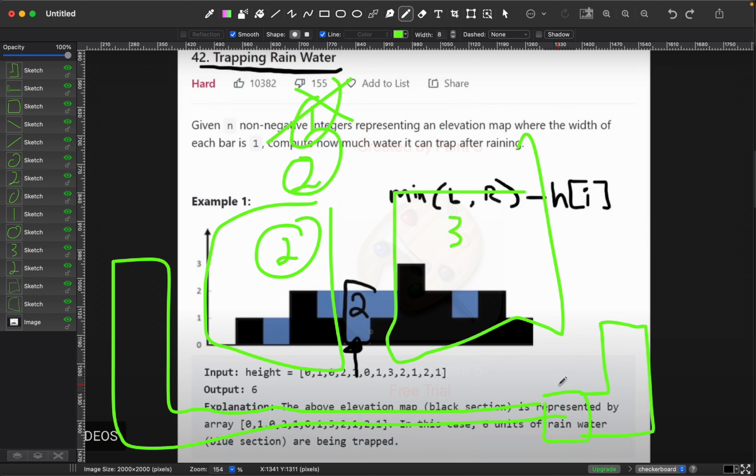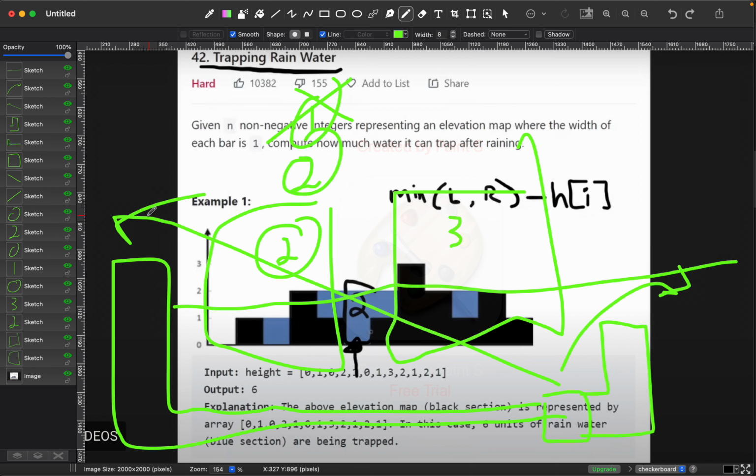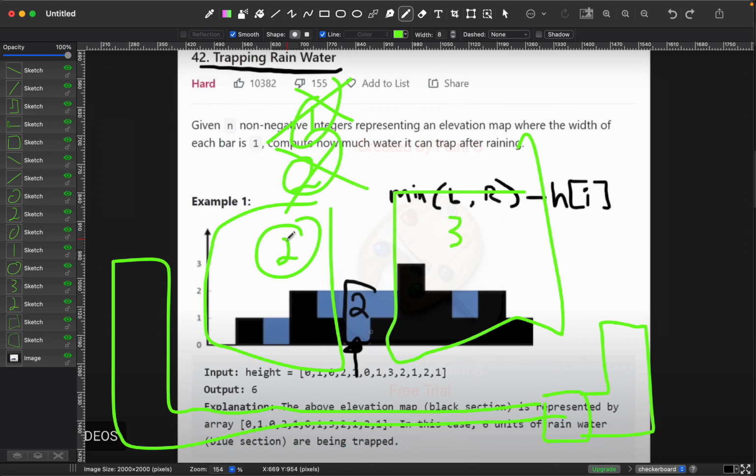I don't care how big this wall is, it will still be able to overflow here. Your height will be bounded by here. It doesn't matter how big your wall is; if the wall is low on the other side, it's just going to overflow. So that's why we do stage 2, taking the minimum of these two.